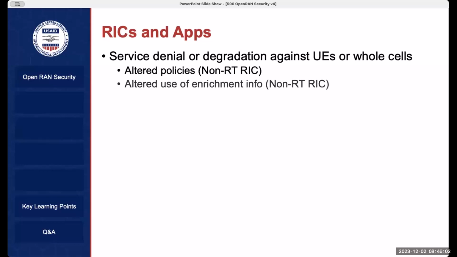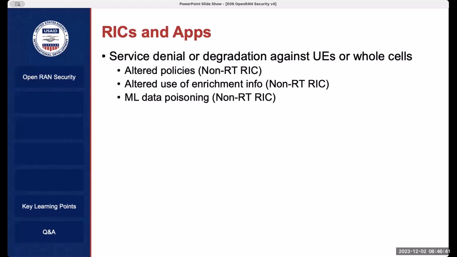For RICs and apps, again, service degradation against user equipments, or wholesale, so they could start altering policies and enrichment information. A classic example of this was a guy in, I think, Germany who wanted to prove that traffic data could be manipulated. He had a lot of mobile phones with Google Maps on, and he was just walking with all of these phones connected online in a cart.